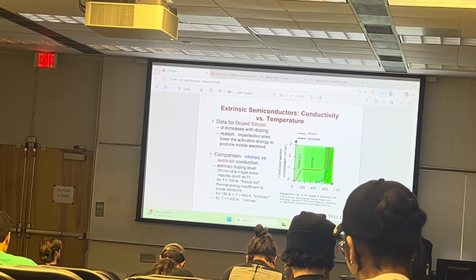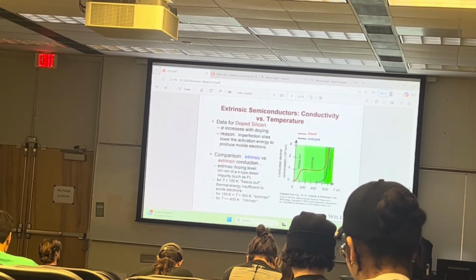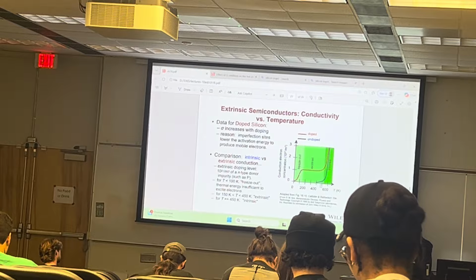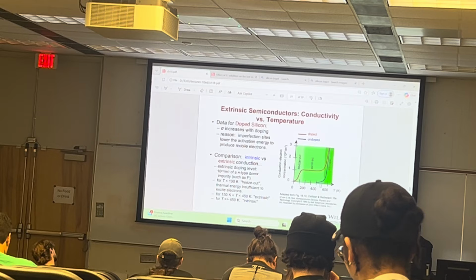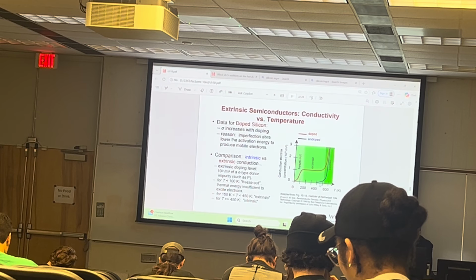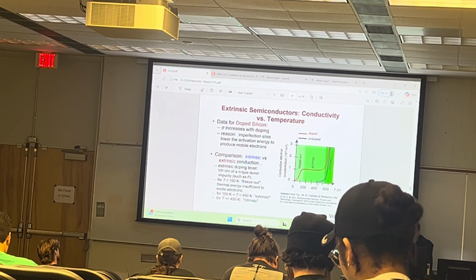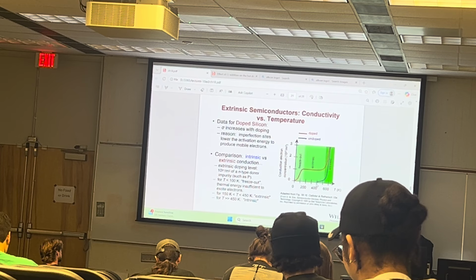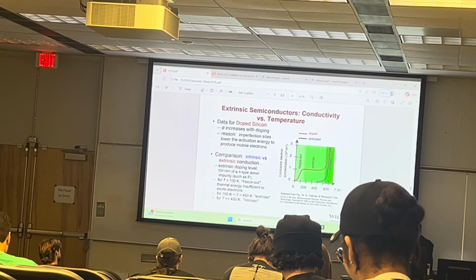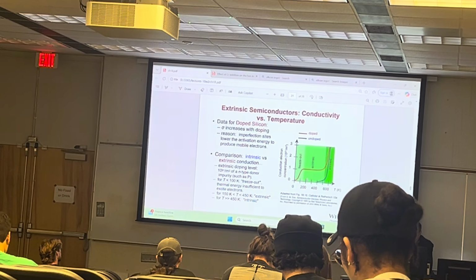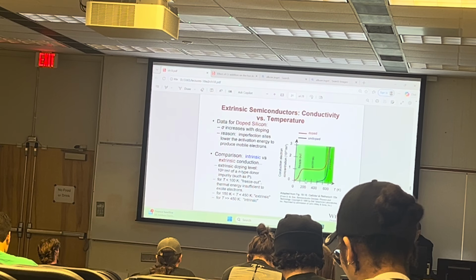But here is intrinsic conduction. This is the doped conduction. You see what it does? If we were to rely just on intrinsic semiconductor properties of silicon, you would start to use it at 500 degrees Kelvin. Too hot. So doping allows us to get into the room temperature applications.